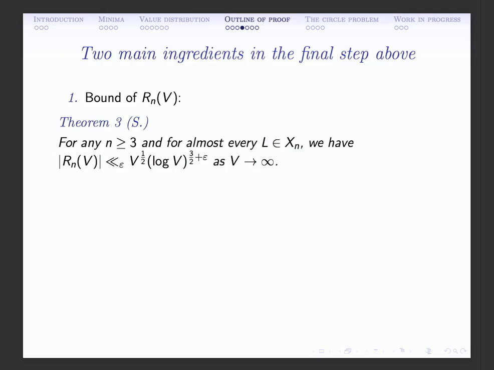There will be no logs, I'm afraid. But this is what I can prove, and this is exactly what you need in order to get the main result on the value distribution that I showed you earlier.